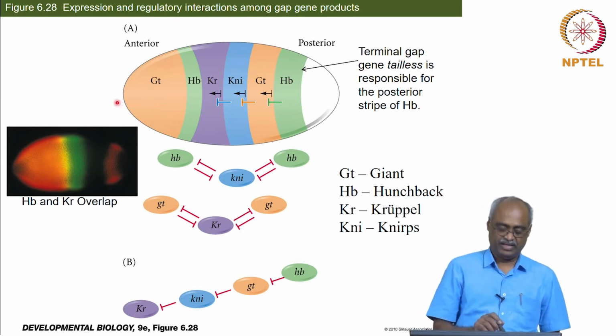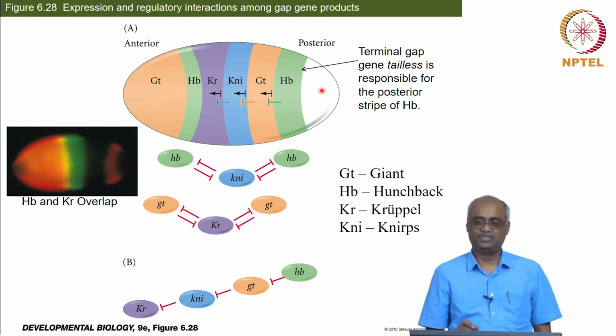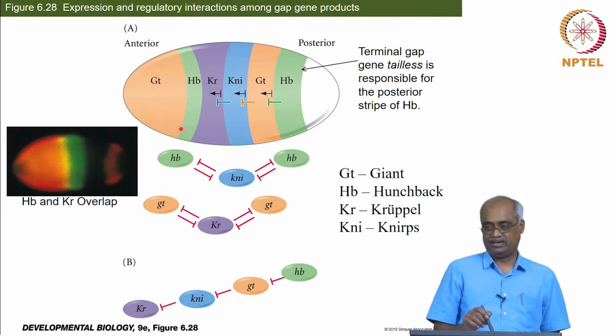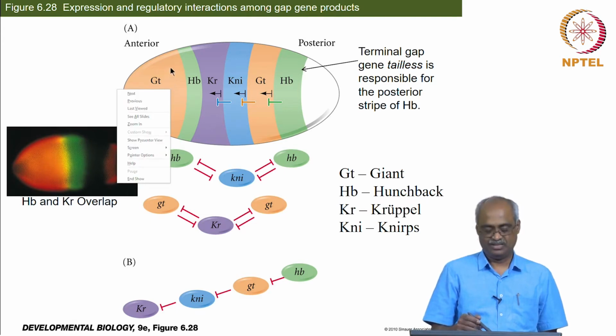For example, if you take the anterior, then we will make progress towards the posterior. So, what do we have here? Bicoid in very high concentration, and also you have hunchback. When these two proteins are there, they activate giant transcription, okay.